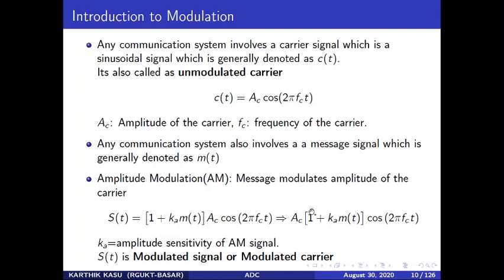So that is Ac, open the bracket, 1 plus Ka m of t, close the bracket, cos 2 pi fct. Here we have something called Ka, which is called the amplitude sensitivity of the AM signal. This is the final AM equation, the amplitude modulated signal equation: Ac, 1 plus Ka m of t, cos 2 pi fct. This is very important. You must remember this equation.